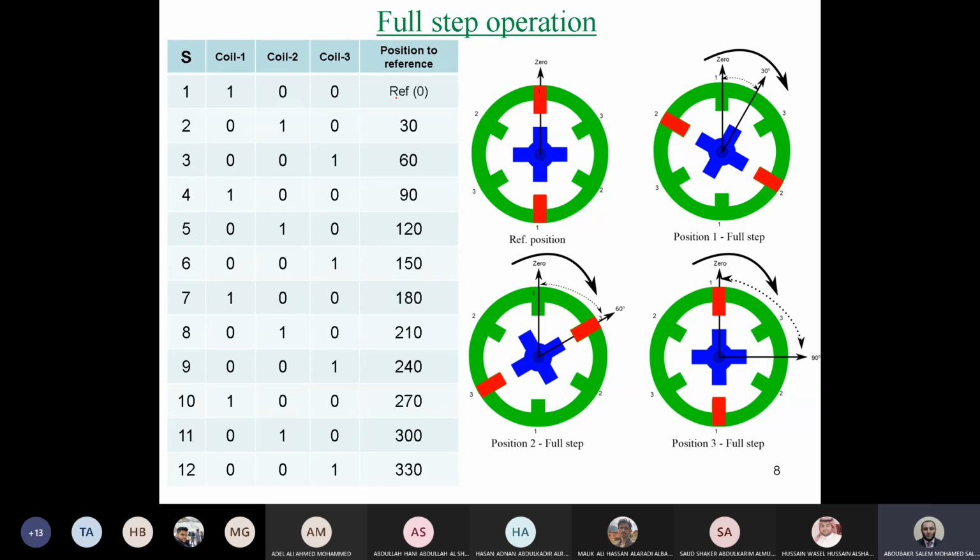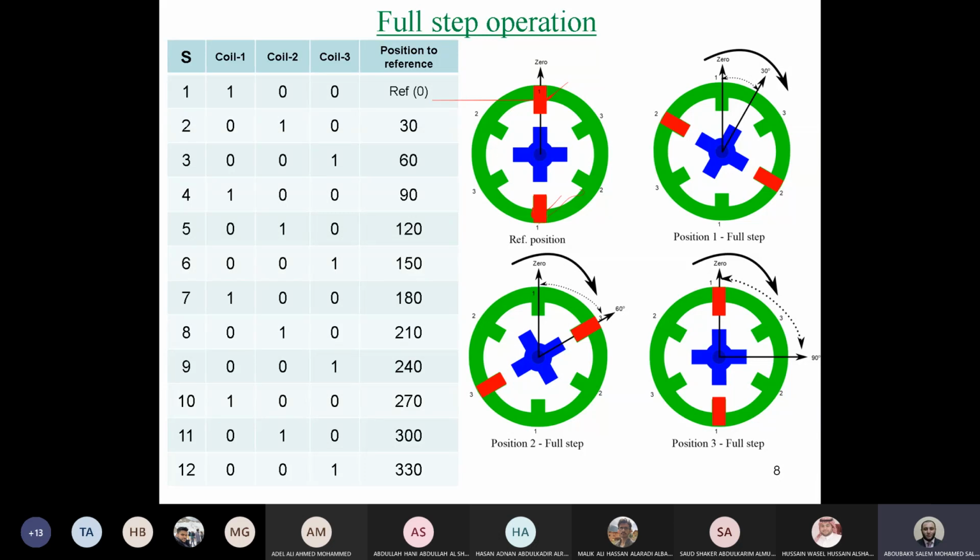And as we said here, we have 6 stator teeth, and we assume that each 2 opposite teeth have 1 coil. So when you energize coil number 1, these 2 teeth, this tooth and that tooth, will be energized. So this is the rule in this design now.